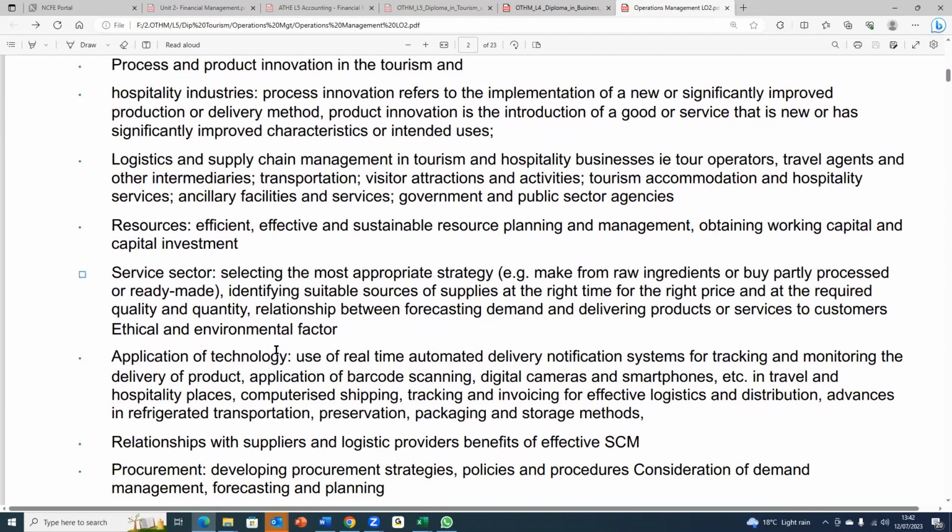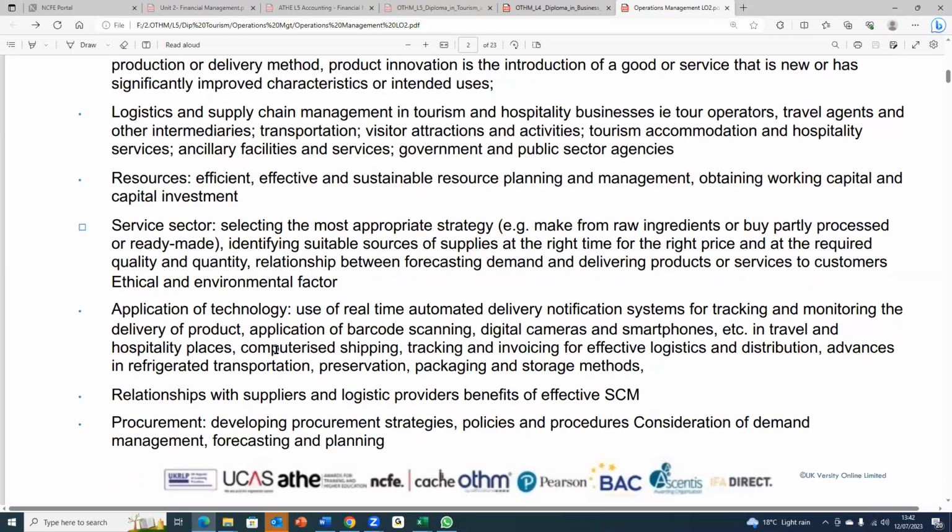You want to make sure that this industry has continuous running, developing new relationships with suppliers, and that the benefits of supply chain management are reaped.